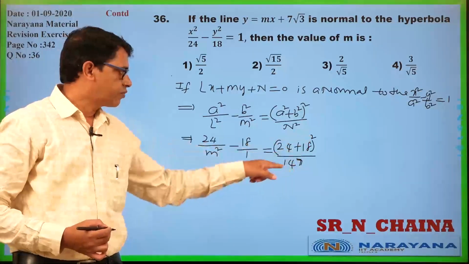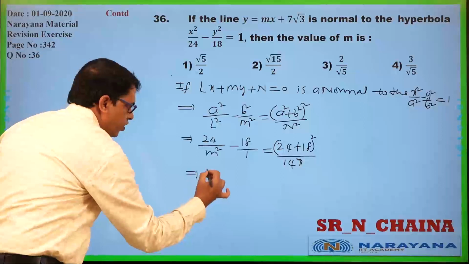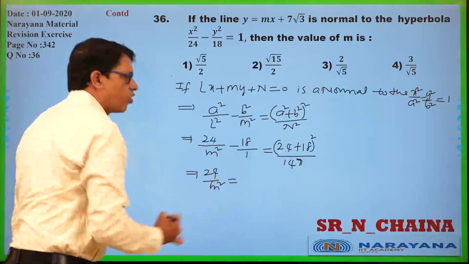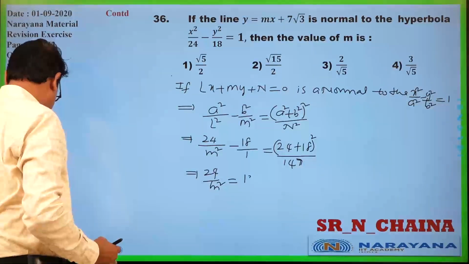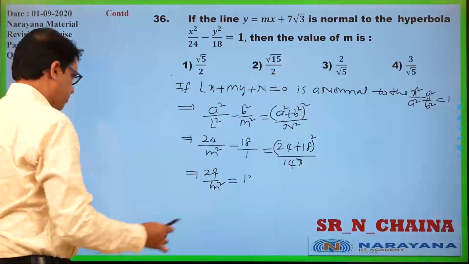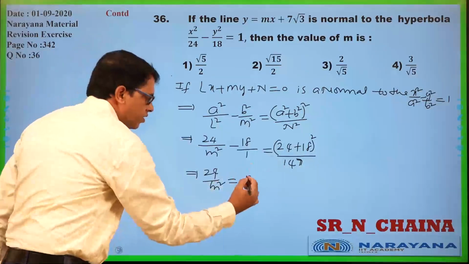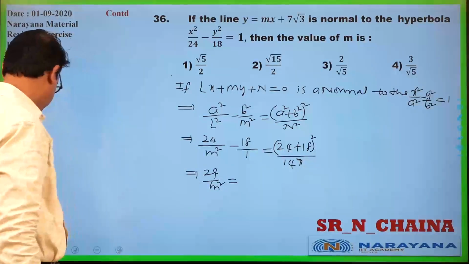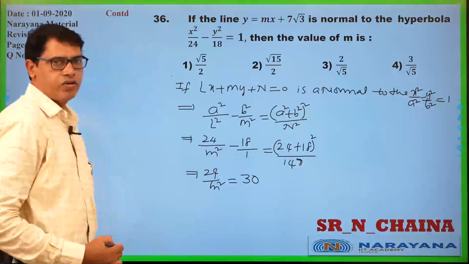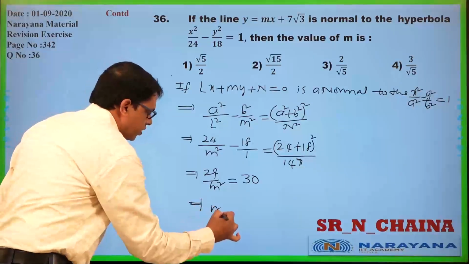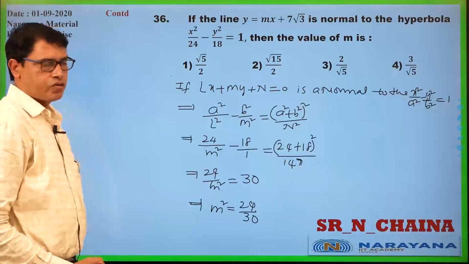So this becomes 12. Take 18 to the other side. From this, 24 upon m square equals 12 plus 18, which becomes 30. So the value of m square equals 24 upon 30, so 4 by 5.